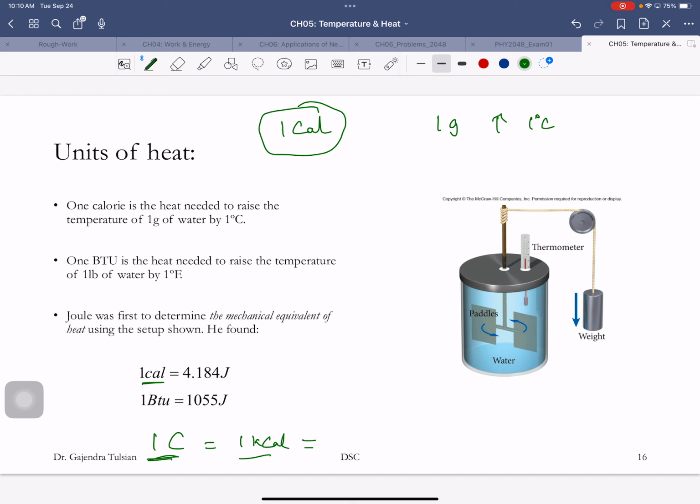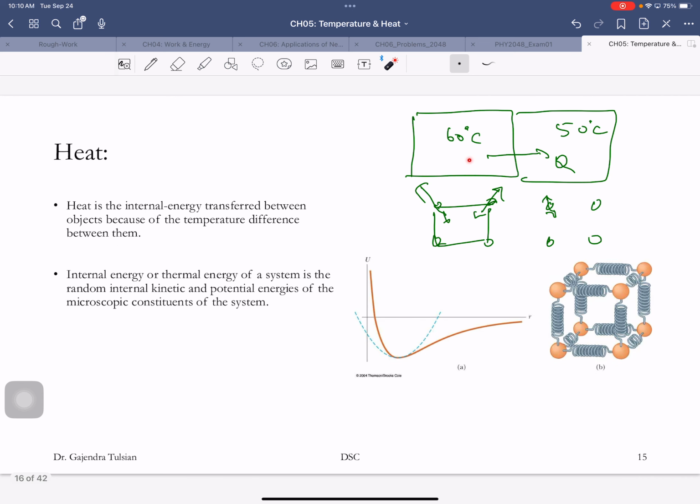Now, back in the old days, 200, 300 years ago, they thought heat was some kind of fluid in a solid. So when two objects came in contact and exchanged heat, they thought that some kind of heat fluid flowed from here to there.